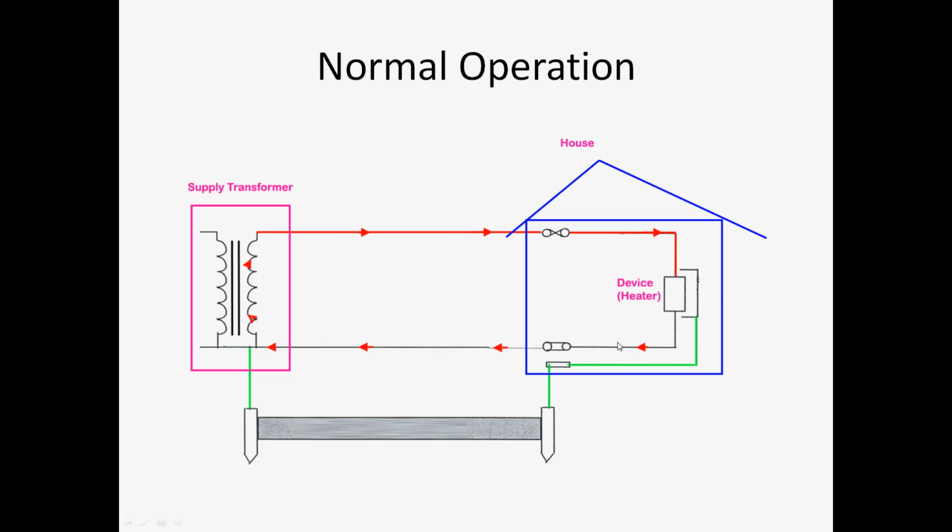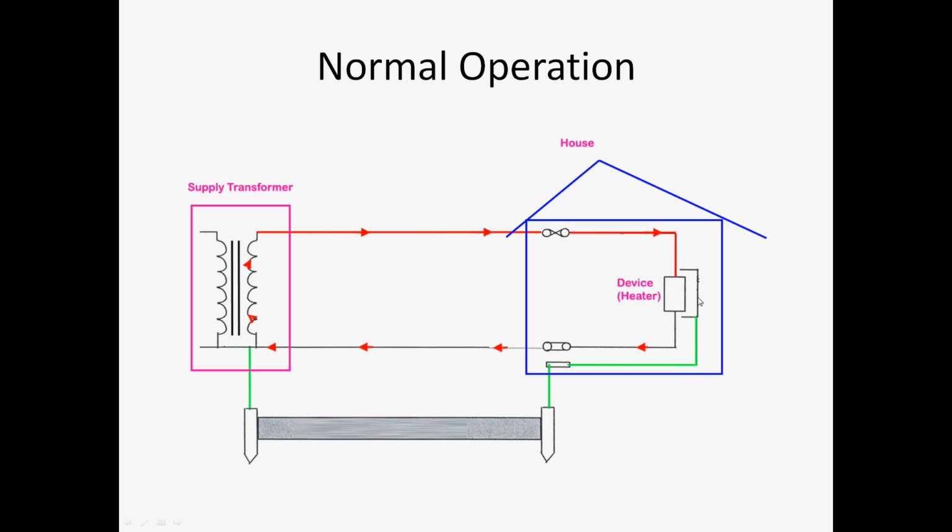Now suppose there is a short between the heating element through which the current flows and the body of the heater. The body of the heater is normally insulated from the conducting parts, because it is the part where human beings may touch.